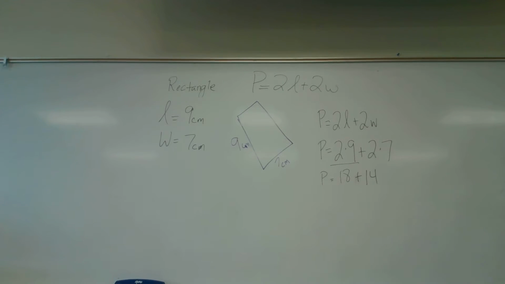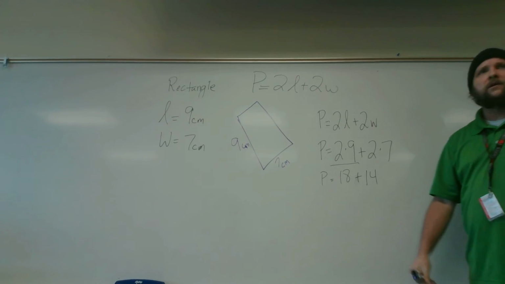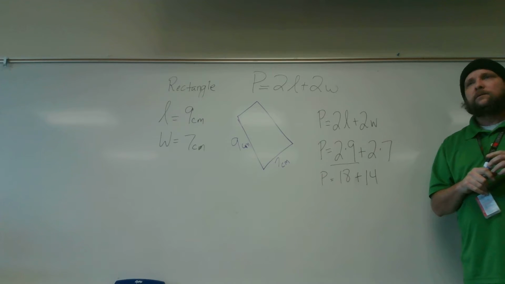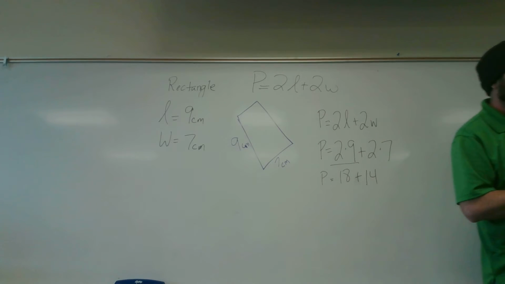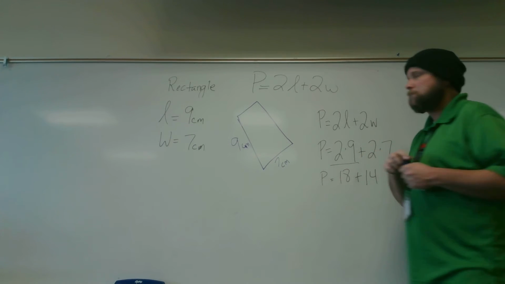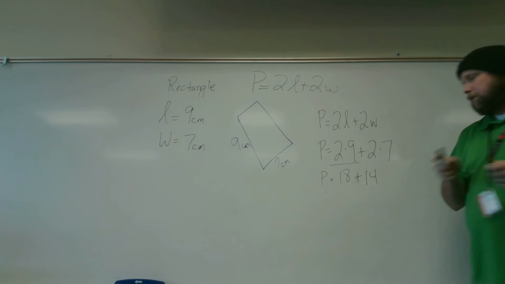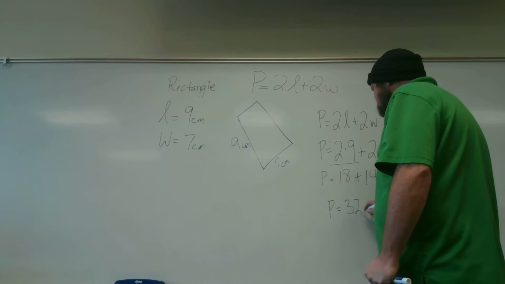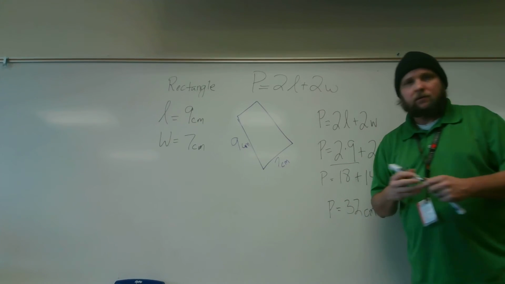Somebody do it for me, Jesse. Wait, no, don't go up there. Just do it at your desk and tell me. 32. So our perimeter equals 32 centimeters.